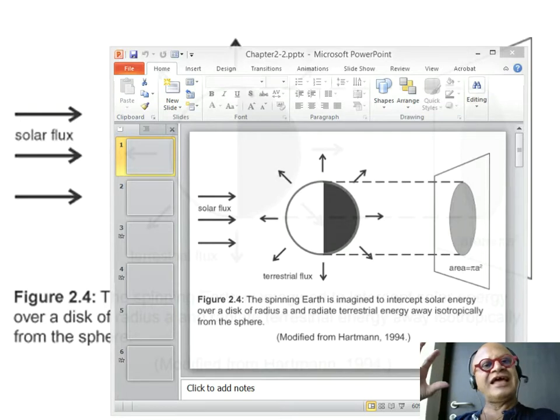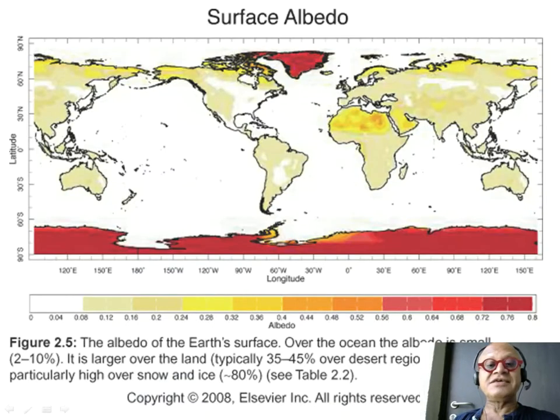So if we flash a light on a ball, the shadow is going to be circular, right? So the amount of energy intercepted by Earth is determined by the disk area that the Earth projects to the Sun, which we saw in the last chapter. So here it is shown as area pi a squared, where a is the radius of the Earth, right? Not a very big deal.